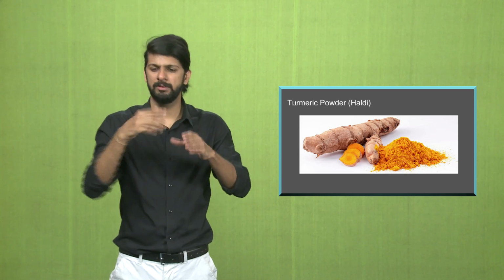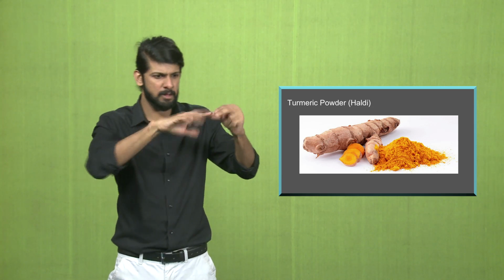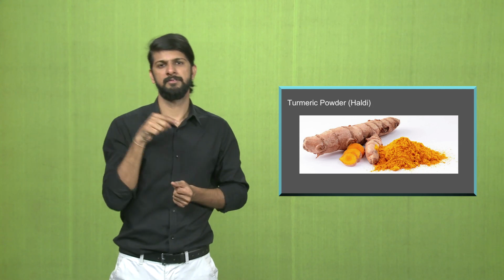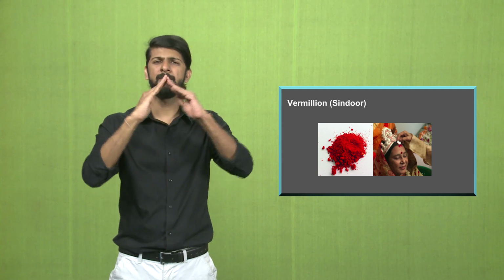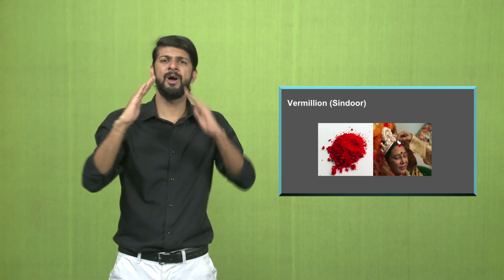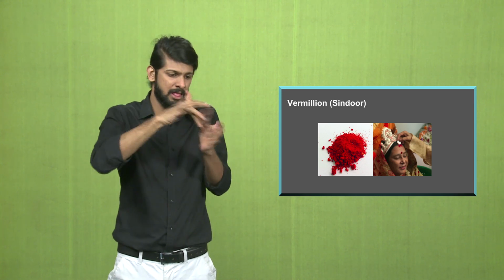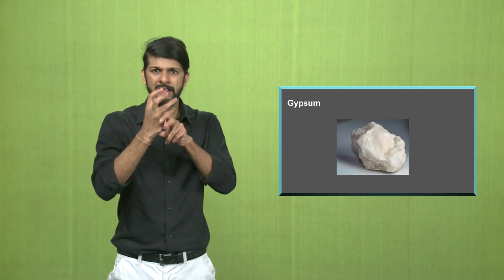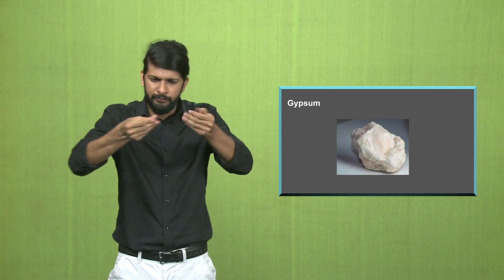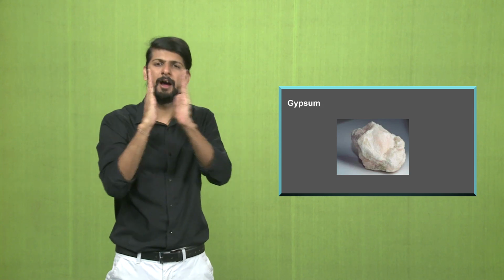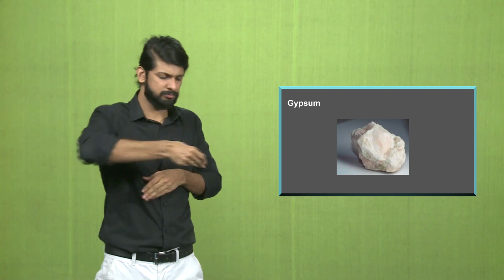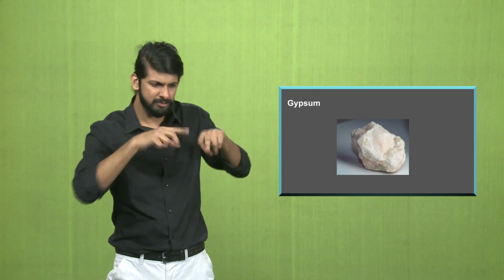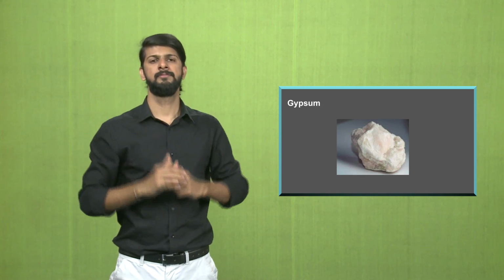rangoli, turmeric powder or haldi, vermilion, also commonly known as sindoor, gypsum, the kind of a mineral which is used to get the powder, and that powder is used as a dry color to make rangolis.